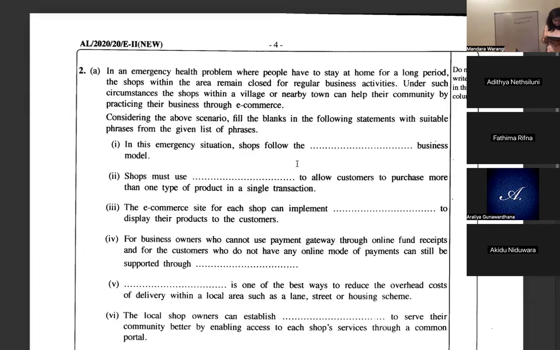The third question: the e-commerce site for each shop can implement blank to display their products to the customers. What do you have to display? Even in supermarkets, they have shelves. Like that, what do you have in an e-commerce website? You have a web catalog.